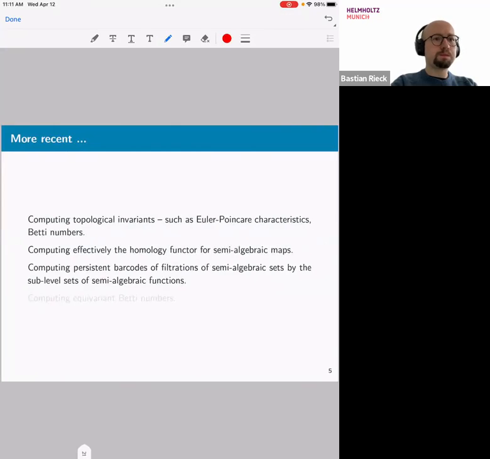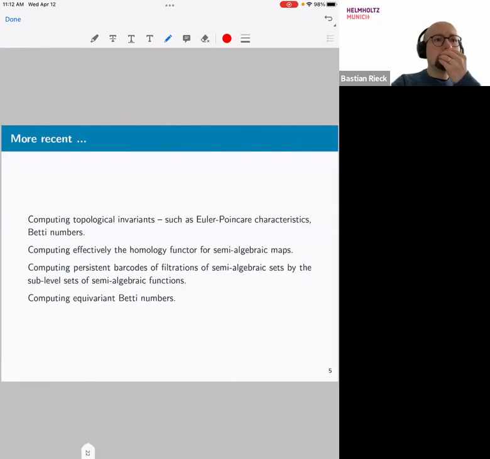more to the interests of this community, but of which I'll not mention too much in this talk. If you are given a filtration of a semi-algebraic set by the sublevel sets of some semi-algebraic function or some polynomial, can you compute the persistent barcodes of such a filtration? Of course, these barcodes will have endpoints which are algebraic numbers, and so you'll have to deal with the problem of how to represent such algebraic numbers.